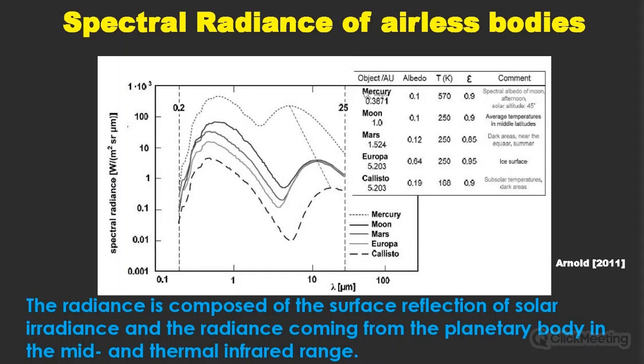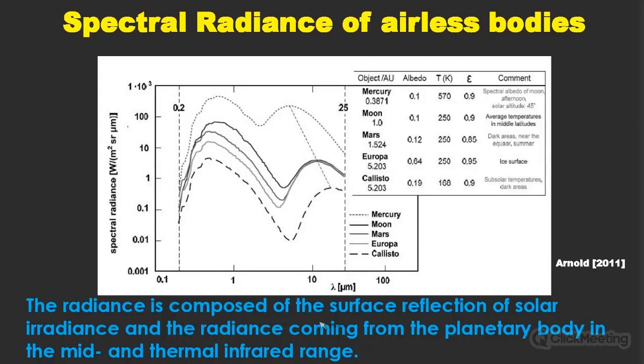Here just a few of them are listed for example, and you can see that the x-axis is wavelength and the y-axis is spectral radiance, and each body reflects light in a different way, and that tells us first order information of its surface composition.